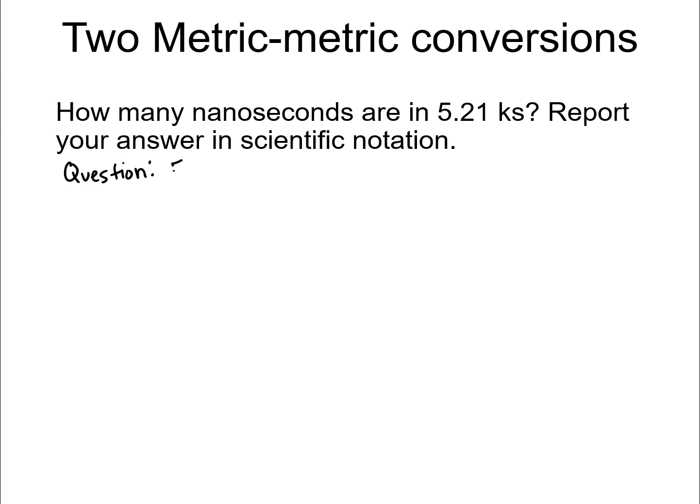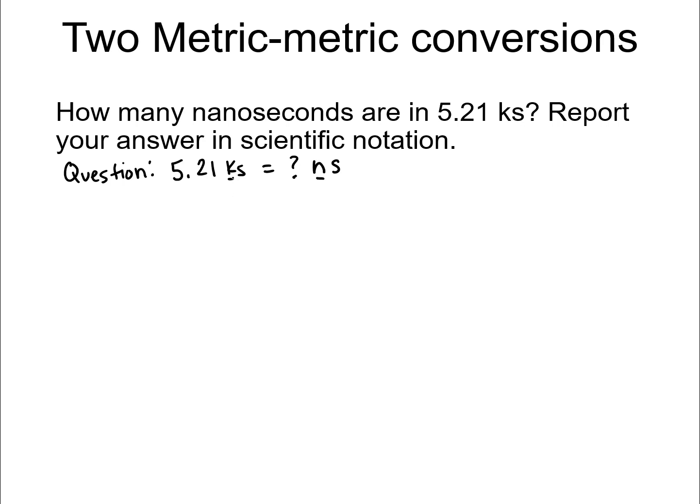The question: 5.21 kiloseconds is equal to how many nanoseconds? This is a little bit different. We have a prefix on both sides of the equation here. So we can't just write one unit equation. We actually have to write two.